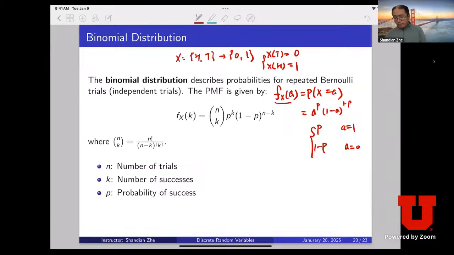And then we extend our Bernoulli distribution to the so-called binomial distribution. What kind of random experiments are typically described by binomial distribution? Yes, exactly, right? So binomial distribution is talking about what your experimental results are if you repeatedly run Bernoulli trials.